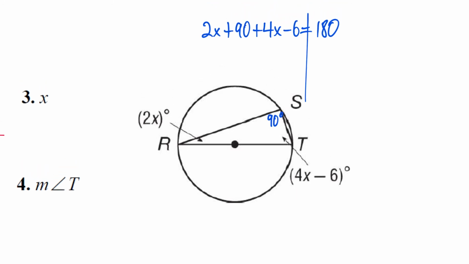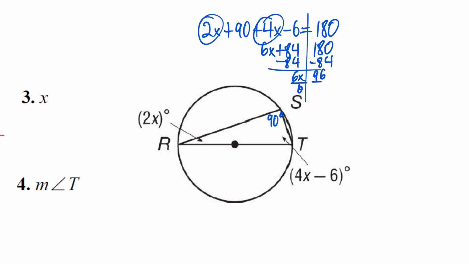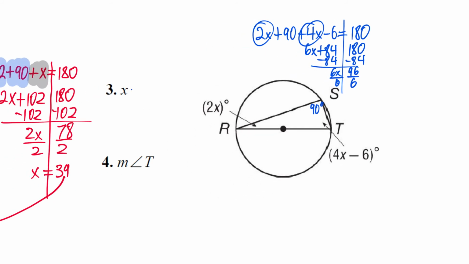Combining like terms, we're going to get 6x, and then 84 equals 180 minus 84, 6x equals 96, divided by 6. So what does x equal? x equals 16. And then to find angle T, I'm going to take this 16 and plug it right there. 4 times 16 is 64, minus 6 is what? 58.